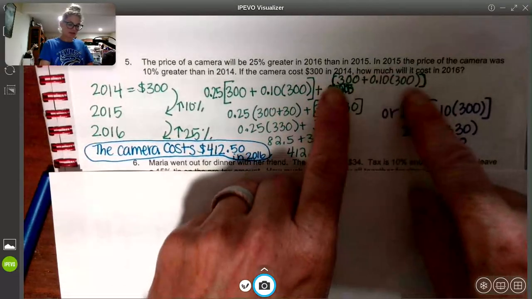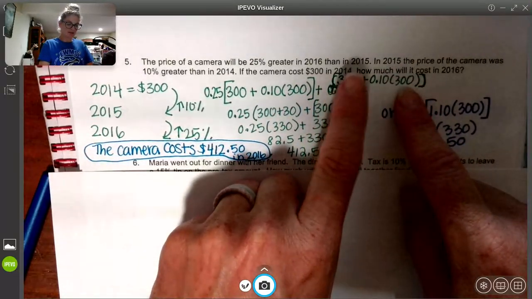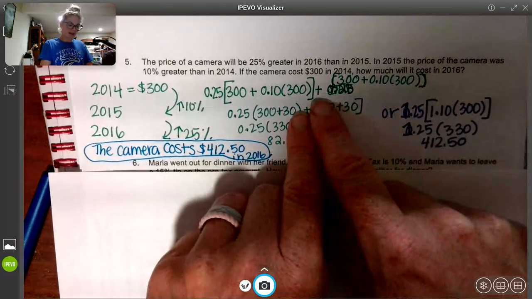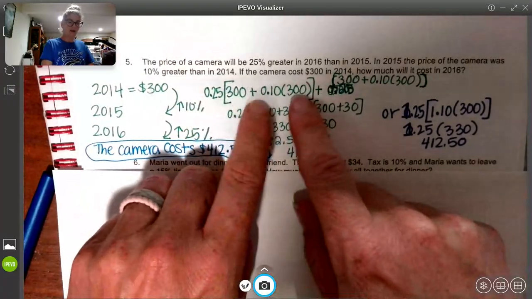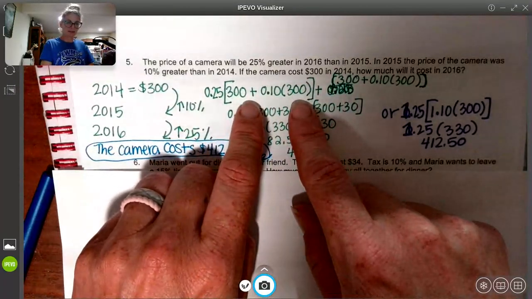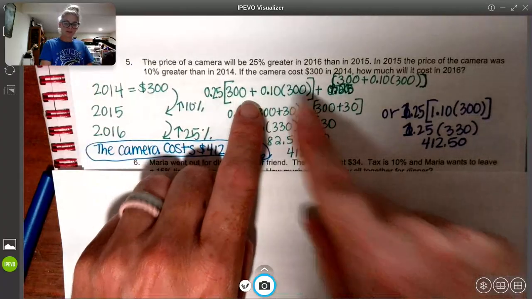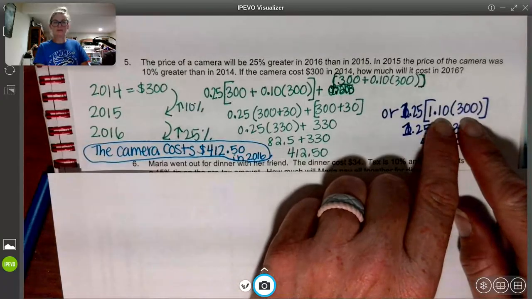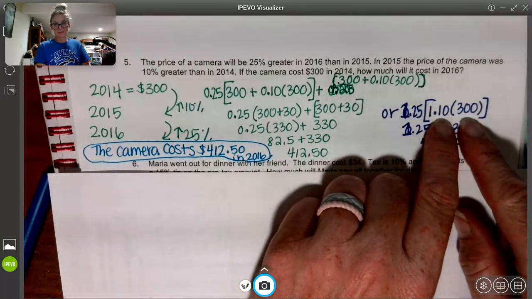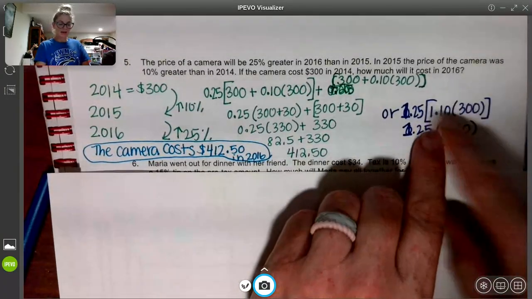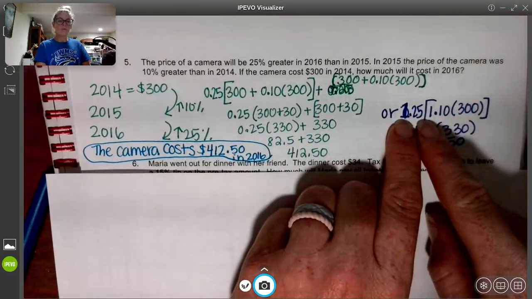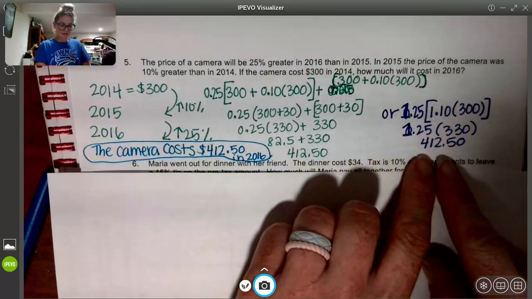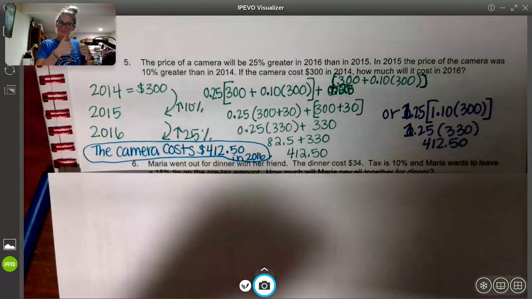Or you can think about it as we're taking 110% of 300. So it's that 100% of 300 and the 10% of 300. And then whatever that number is, we are taking 125% of that number. And when you do that, you also get the same answer.